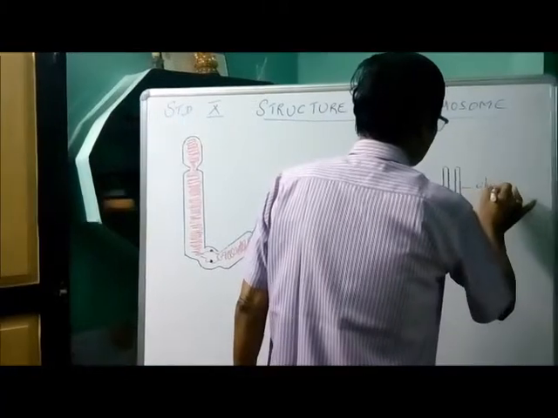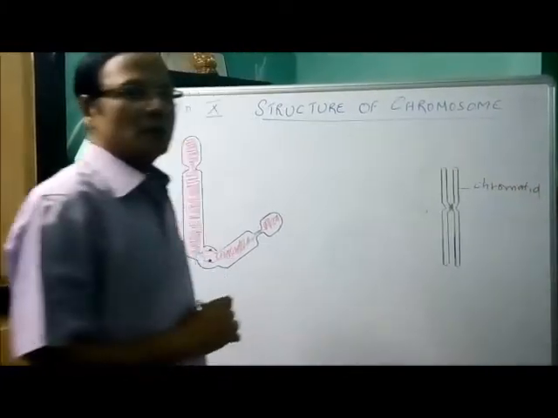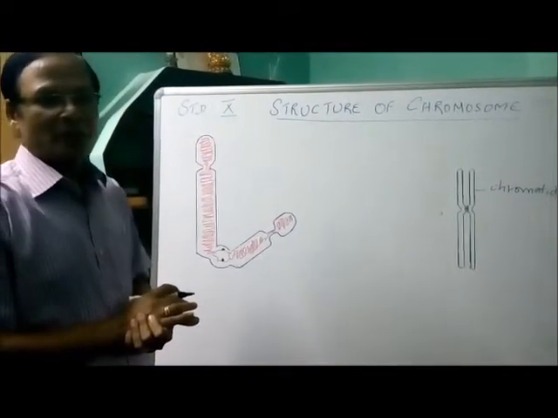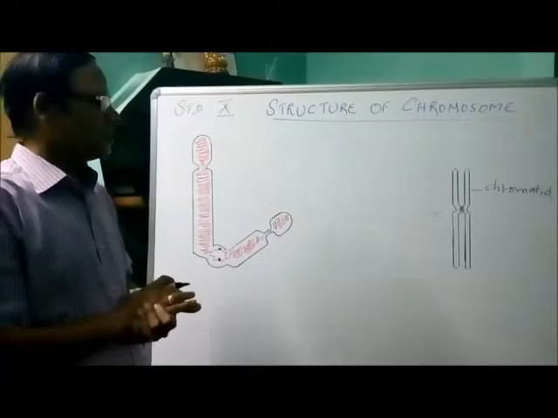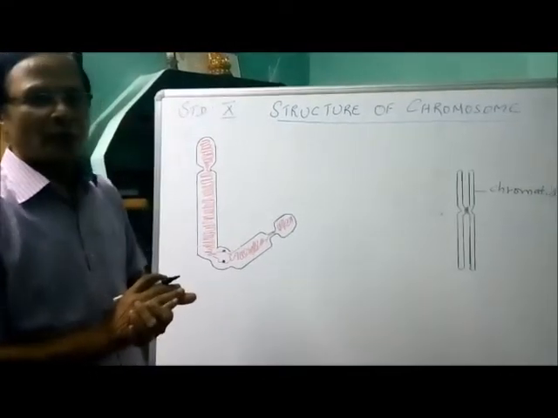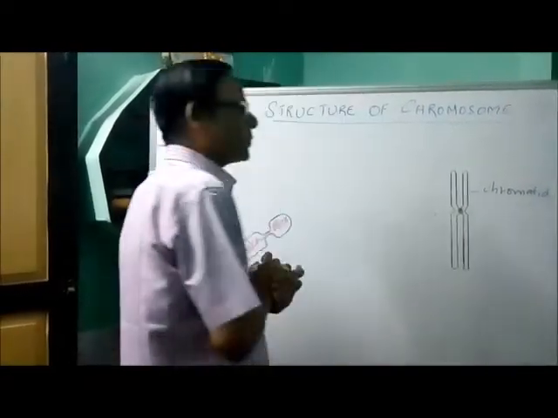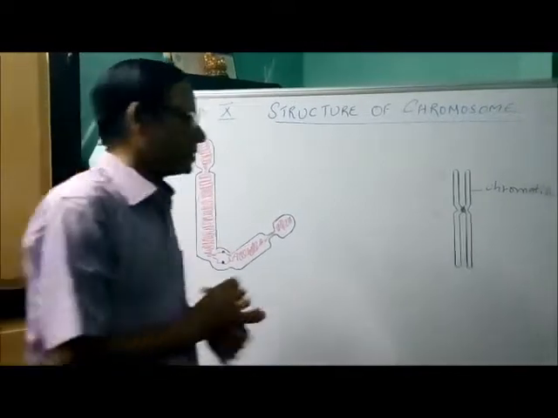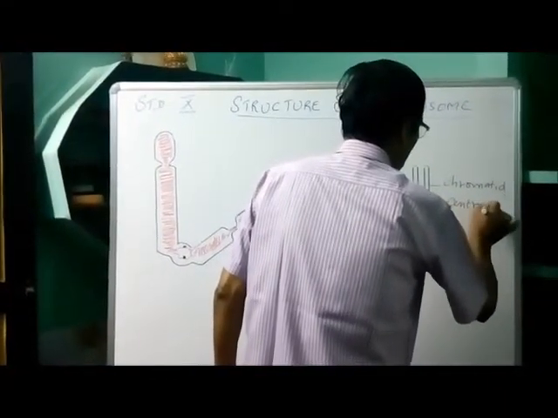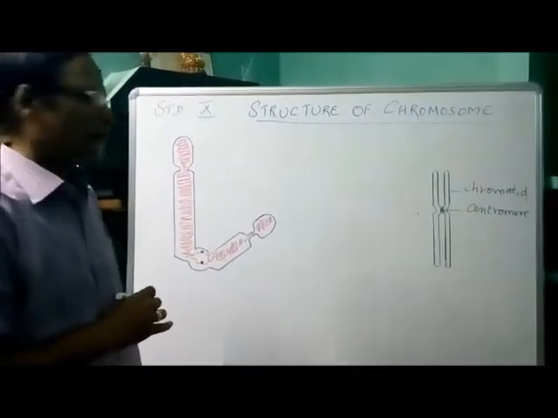This is called a chromatid. The chromosome contains two arms, and the two chromatids are joined together by the centromere.